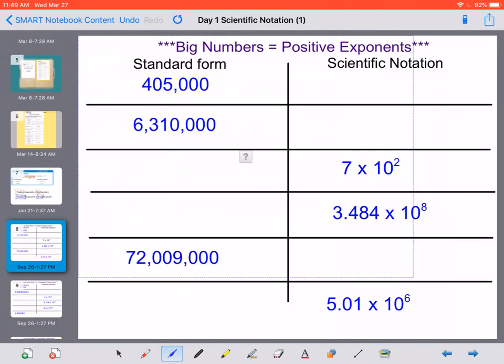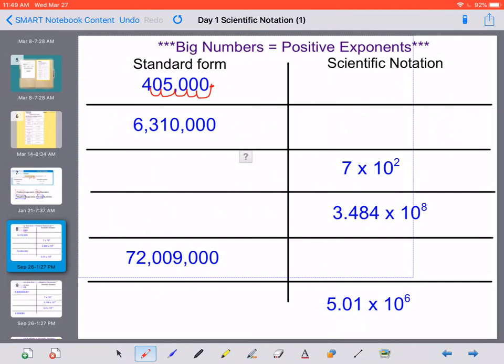We have standard form and scientific notation here. So what we're going to do when we're trying to write this in scientific notation is we're going to put a little decimal point at the end of our number. Since this is a big number, what I'm going to do is count up. So 1, 2, 3, 4, 5. Now I'm going to go right to the number before, or the first number that I see as I read the number.